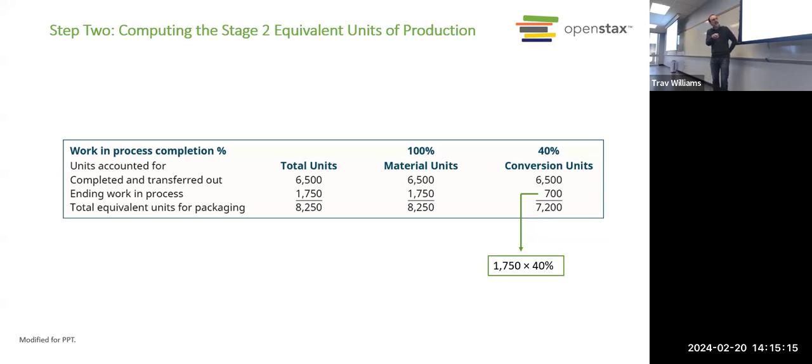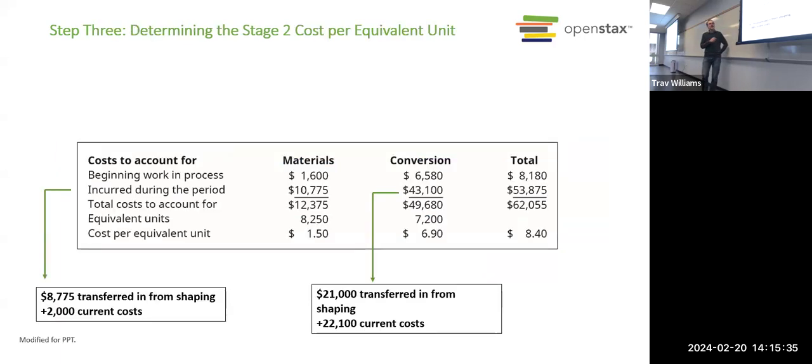And then you just add that to the completely converted units, and you get your total equivalent units for conversion, which you need to figure out the cost per unit for conversion. Okay, any questions so far? Okay.